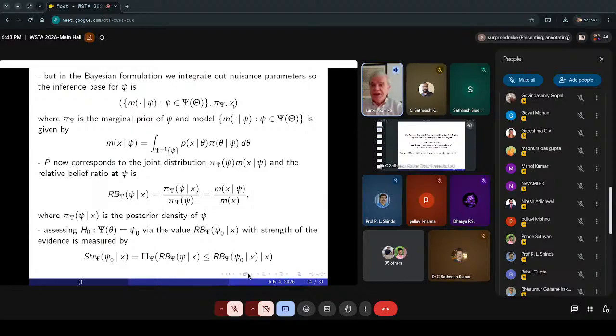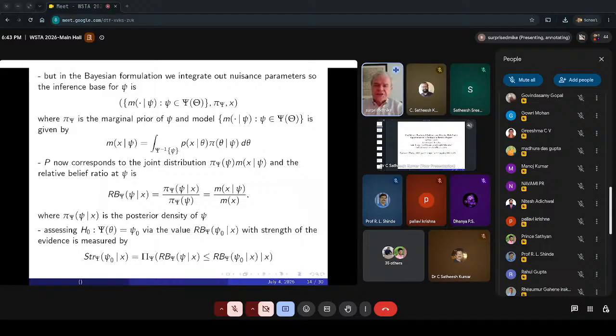But everything I say about theta is immediately applicable to this new inference space. And again, I get the relative belief ratio is just the ratio of the posterior density of psi to the prior density, which is given by this formula here. Now the density is this m rather than the p. And that is a likelihood function again, a likelihood function with respect to this model and given this data. It's definitely a likelihood. What is a likelihood?